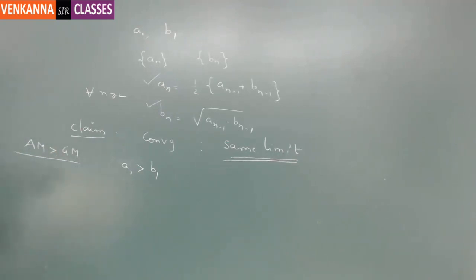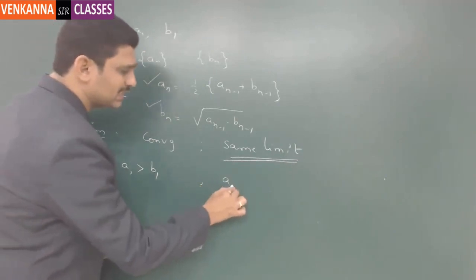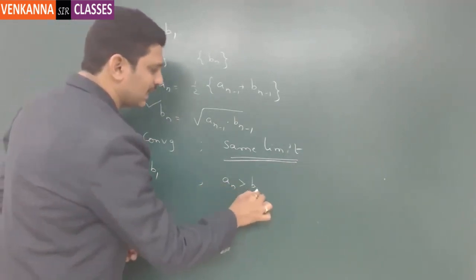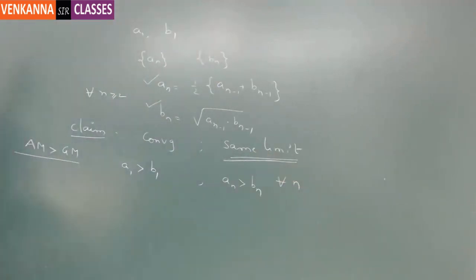You can take any two numbers, that is evidently true. So what happens? From the definition of the sequences, we can say that an is greater than bn for all n. That is the fundamental step we write. Since arithmetic mean is greater than geometric mean, always an is greater than bn for all n.